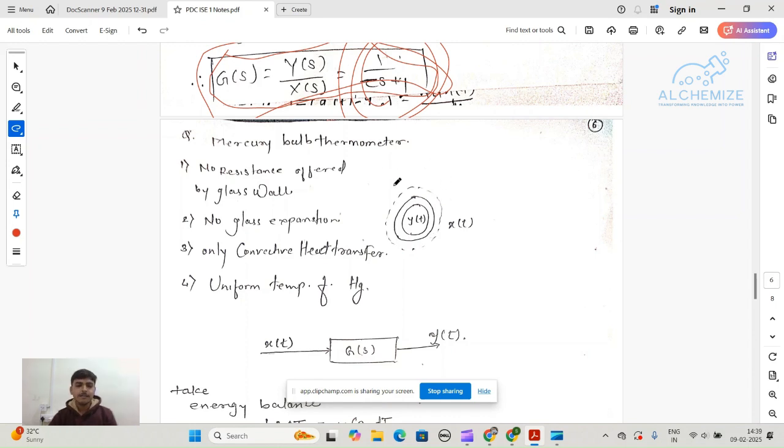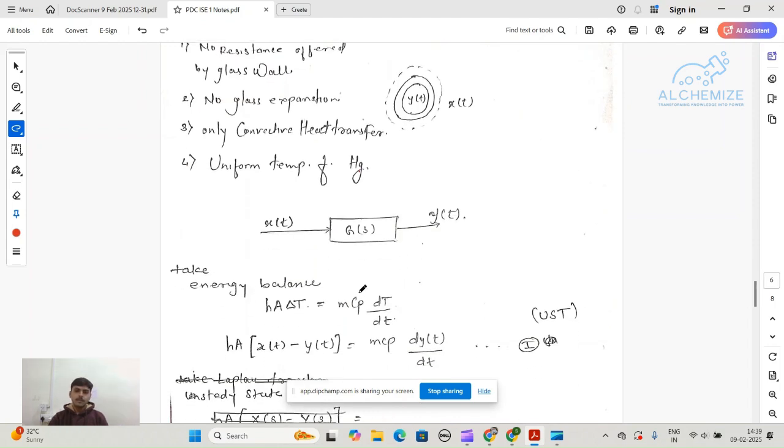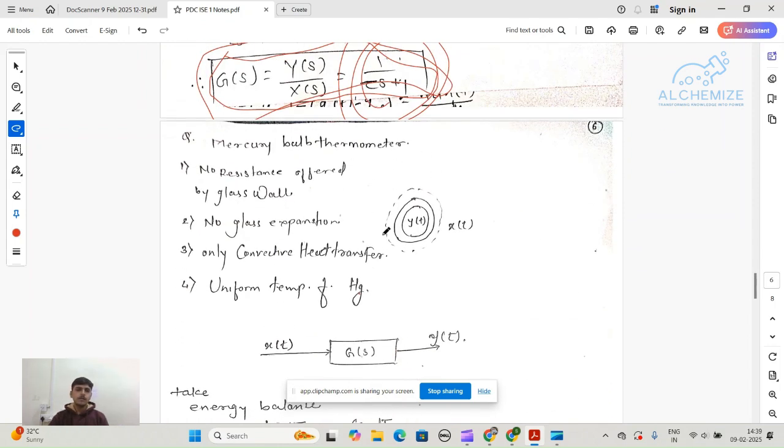Now, every year in end semester and in semester exams, one question you have already seen: the mercury bulb thermometer. The mercury bulb thermometer is also a first order system. So let's derive the transfer function for the mercury bulb thermometer. So this is the mercury bulb thermometer.